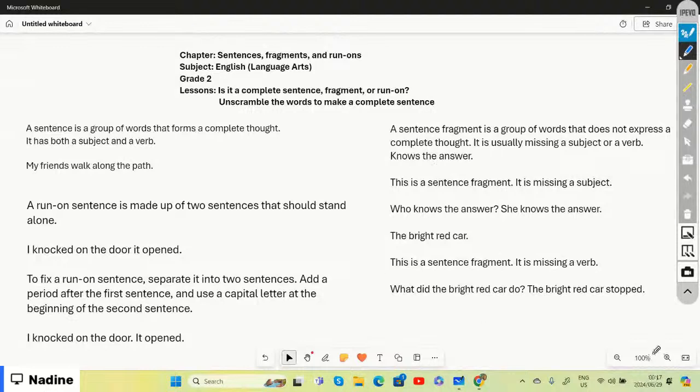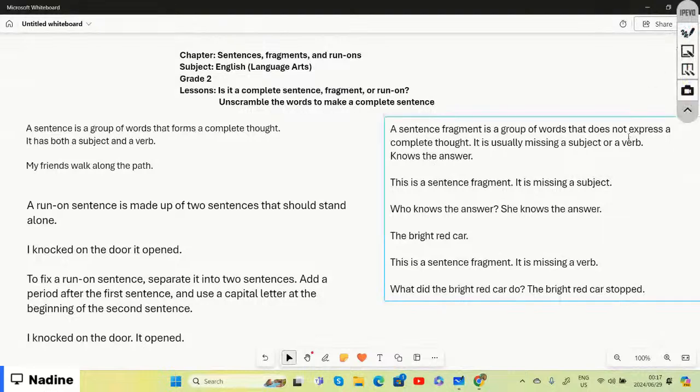So now let's go to A Plus Students, and that is where we are going to say whether our sentences are a sentence, a fragment, or a run-on. We're going to complete the sentences, fragments, and run-ons, and we're going to unscramble the words to make complete sense.